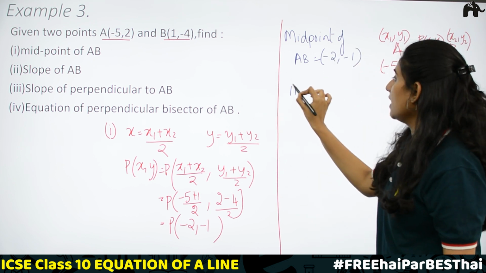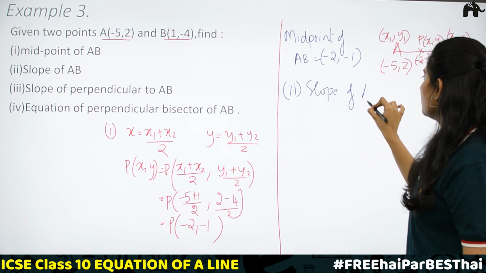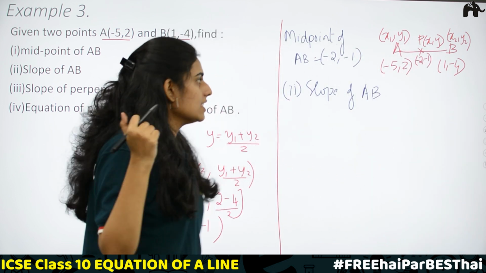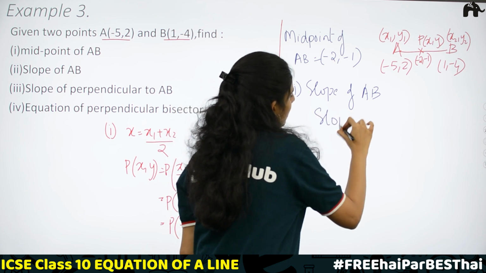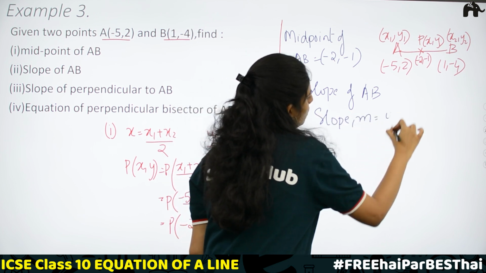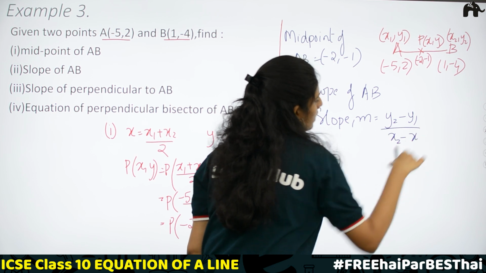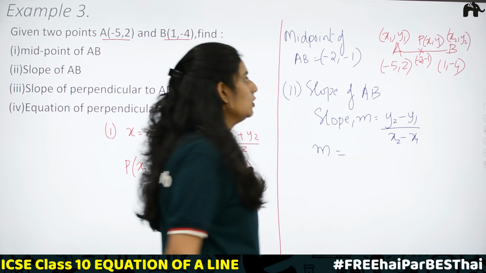Now the second one, we need to find the slope of AB. We know the coordinates of points A and B, so we can easily determine the slope, right? Yes. We have slope m is equal to y2 minus y1 divided by x2 minus x1. Just substitute the values. Slope m is equal to y2 minus y1.